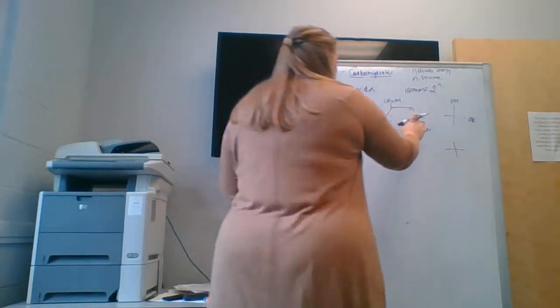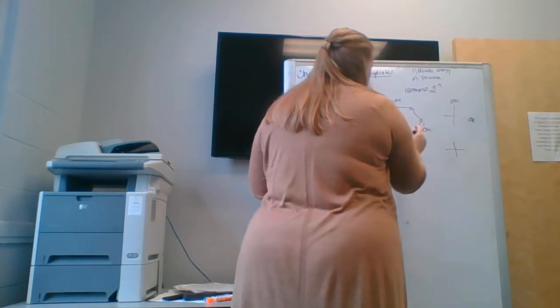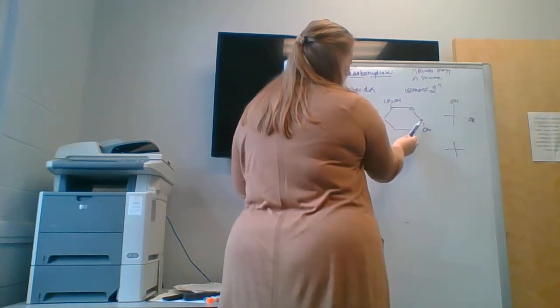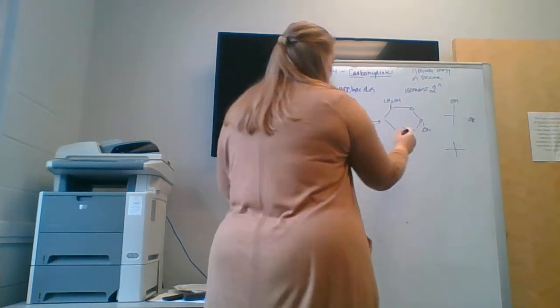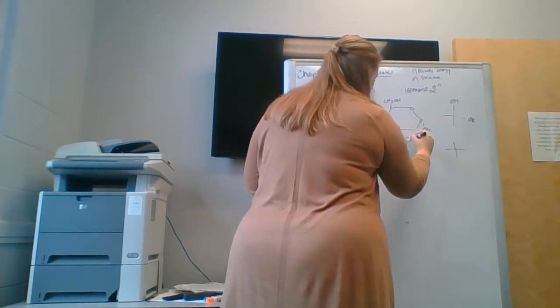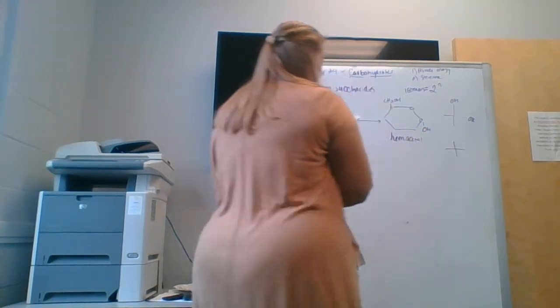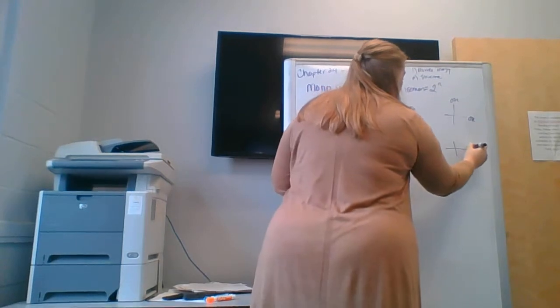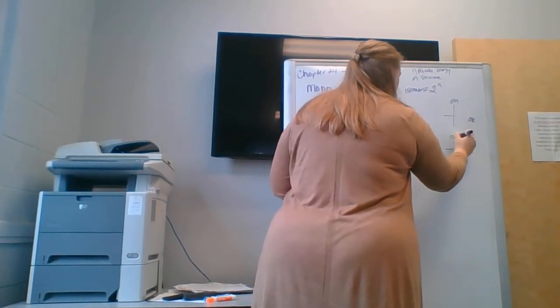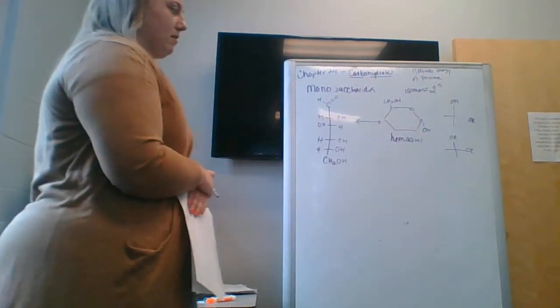So we can see that here. We have our COC and we have our OH. So this is a hemiacetal. Another functional group is acetal. So instead of your OH group, you have two ether groups bonded to the same carbon.